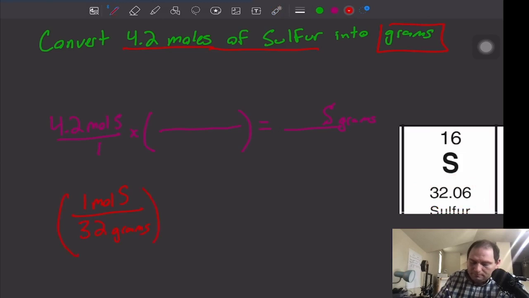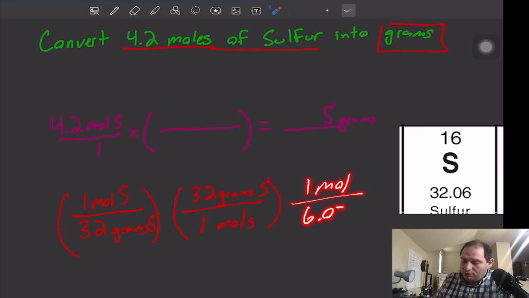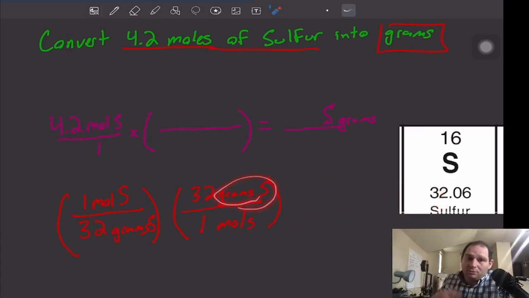Or I can write this as 32 grams of sulfur is the same as 1 mole of sulfur. And also, if I needed to, I could write down 1 mole is equivalent to 6.02 times 10 to the 23 atoms. Now there are so many conversion factors in there. We're just going to use these because we know we need grams.